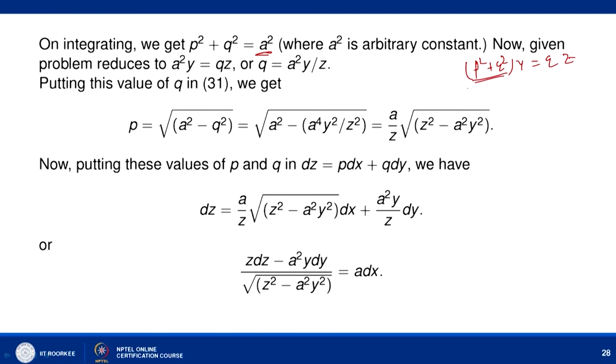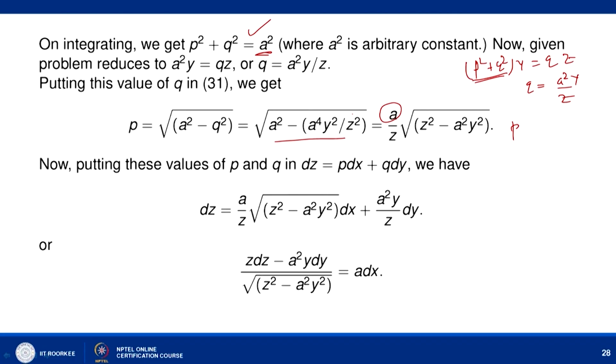Now this value is coming out to be a², so q = a²y/z, and once we have q, you again use this equation to find p, so p is the square root of (a² − q²). Now a² − q² is a²(z² − a²y²)/z², so we can simplify: p = (a/z) √(z² − a²y²).